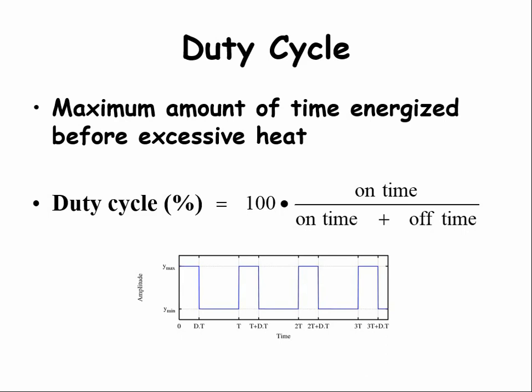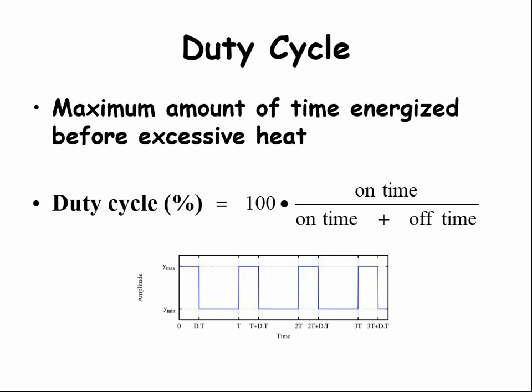If the device has a duty cycle less than 100%, it means that the device needs to be de-energized part of the time. So a device that has a duty cycle of, say, 50%, is a device that needs to be de-energized at least half of the time to prevent overheating.